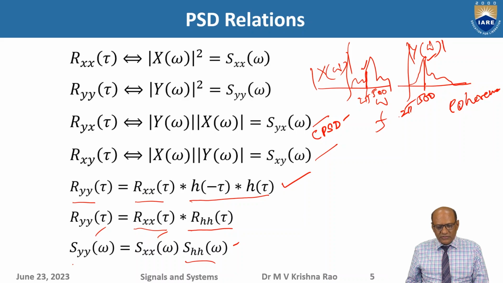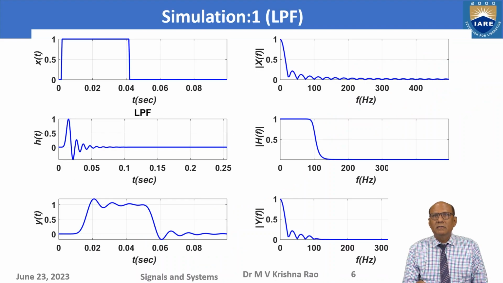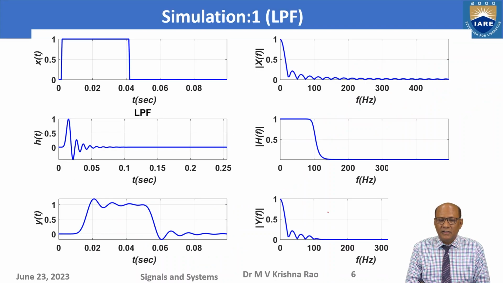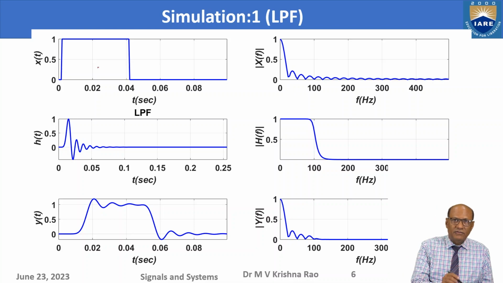So we will simulate all these things, and one by one I will consider different signals. In my previous simulations related to the autocorrelation function, I considered 3 signals. Here also I am taking the same 3 signals, but in the case of one signal I am modifying the duty cycle of the pulse.